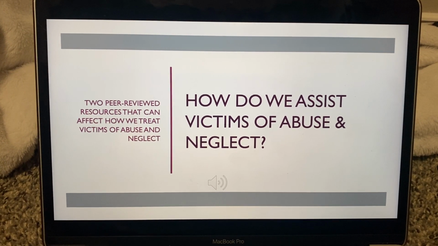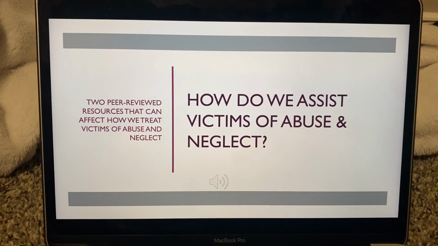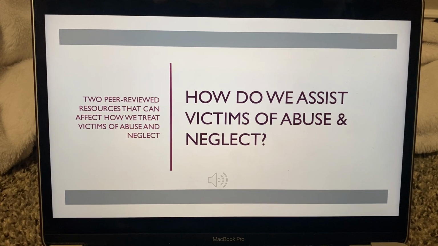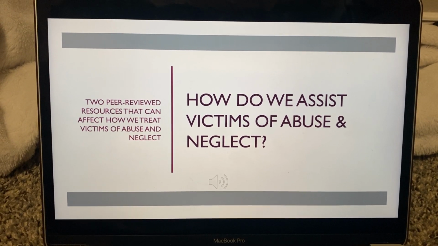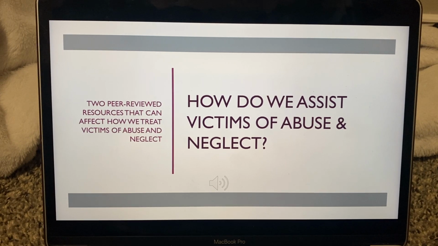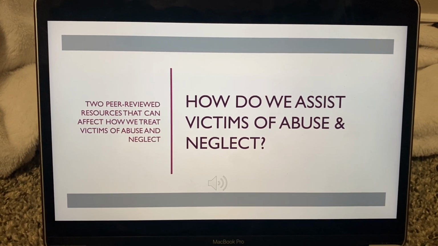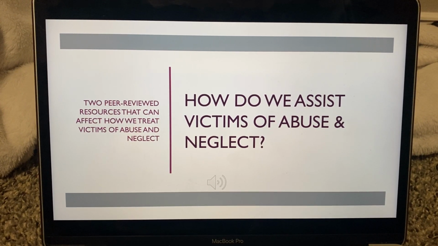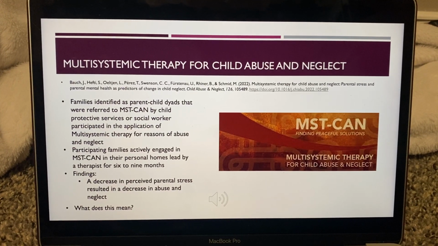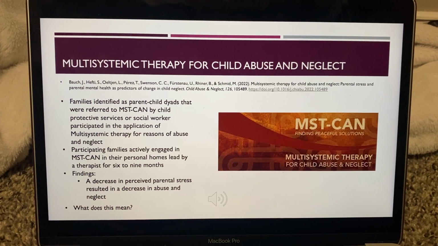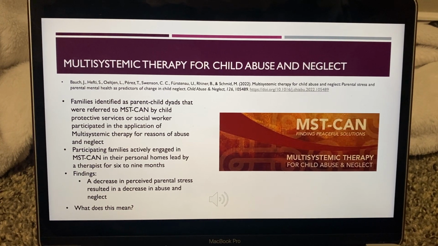I've spent the last several minutes explaining all the terrible things associated with childhood abuse and neglect, but how do we assist victims of it? Here are 2 peer-reviewed sources that can affect how we treat victims of abuse and neglect. The first treatment I'm going to describe is multisystemic therapy for child abuse and neglect.